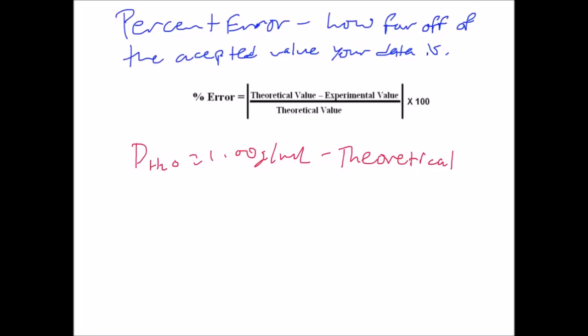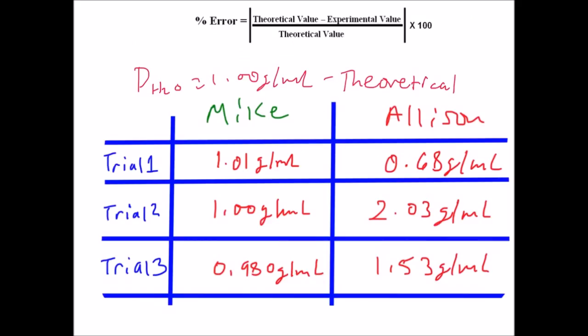Okay, so let's look at the previous example from the earlier video where we ran an experiment on the density of water. Okay, so here we have Mike and Allison and their data again. So we have 2 sets of data. Now, looking up at the formula here, we have a spot for the theoretical value and we have a spot for the experimental value.